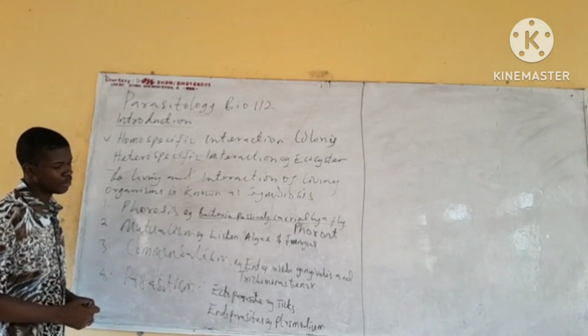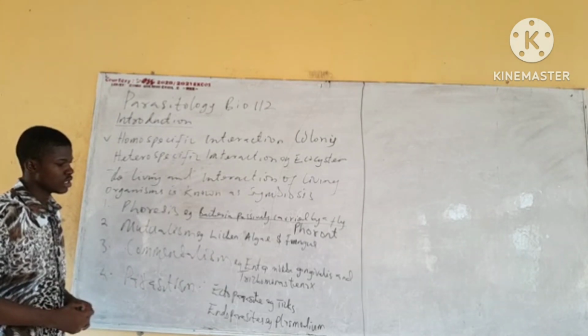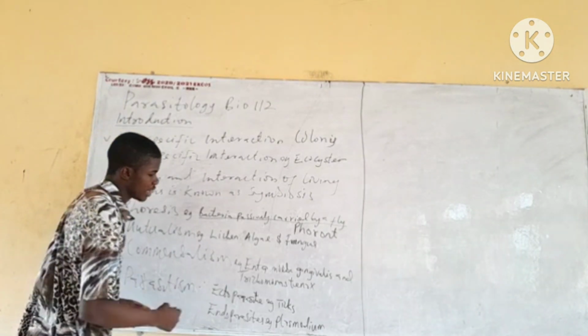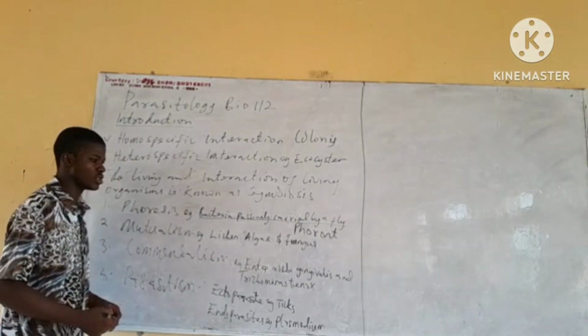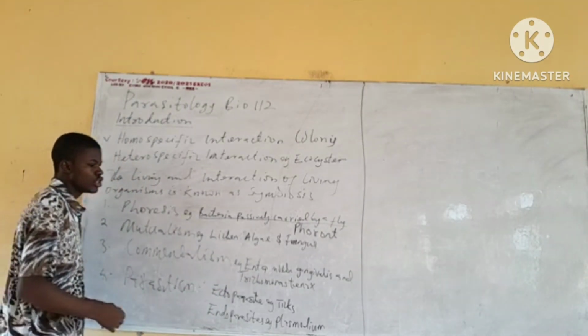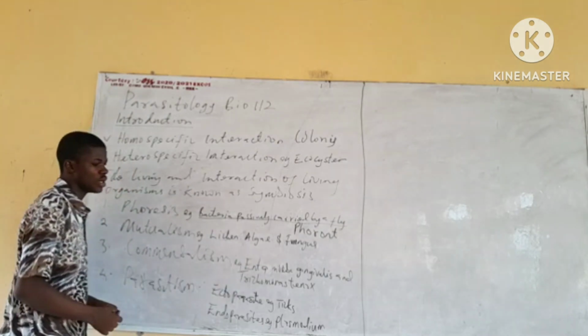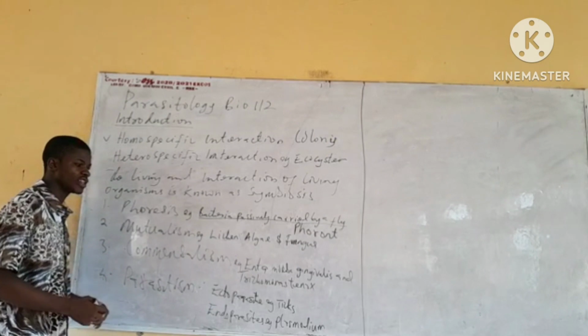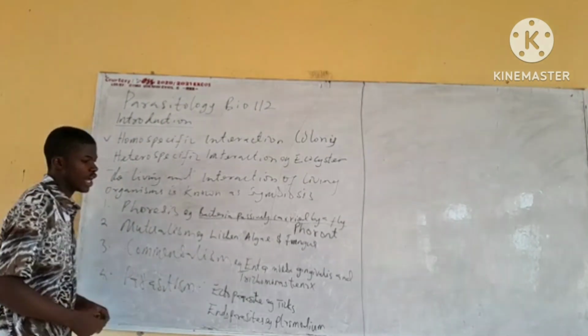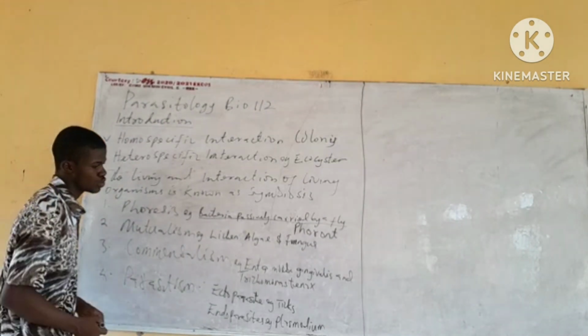A typical example we can see here is Entamoeba gingivalis and Trichomonas tenax living in the mouth of humans. These two organisms live in the mouth of humans, they feed on bacteria and food particles, and they don't cause harm to the human host.